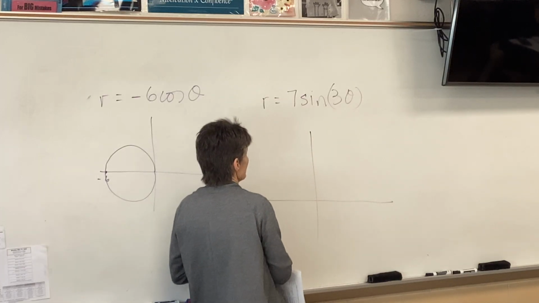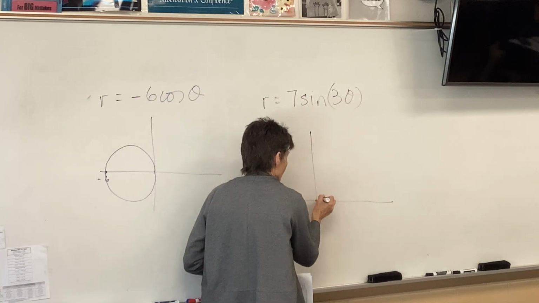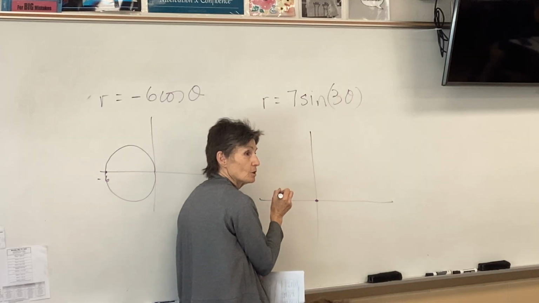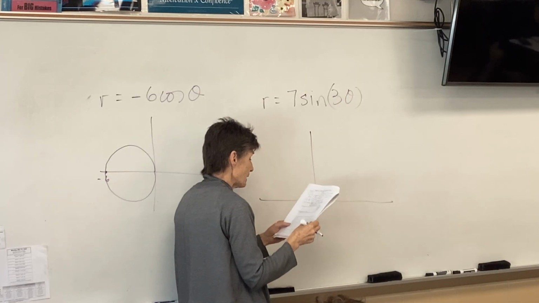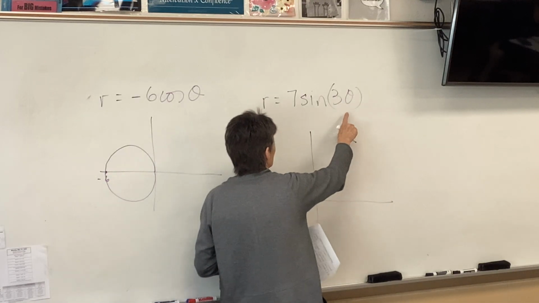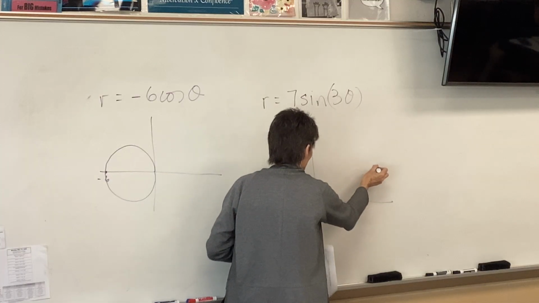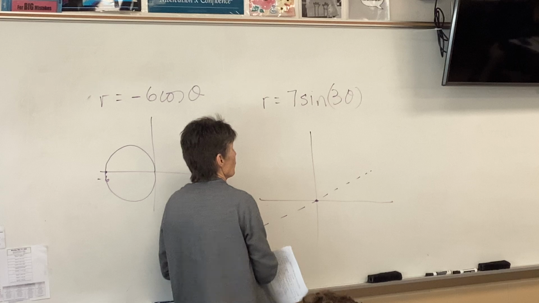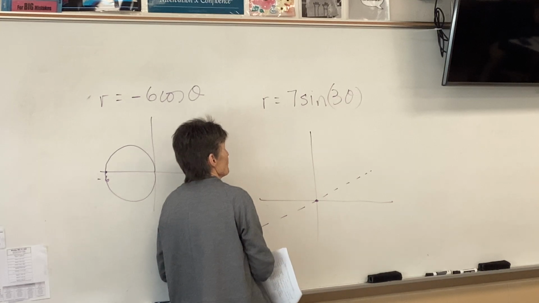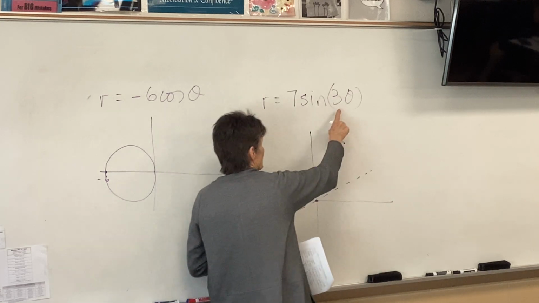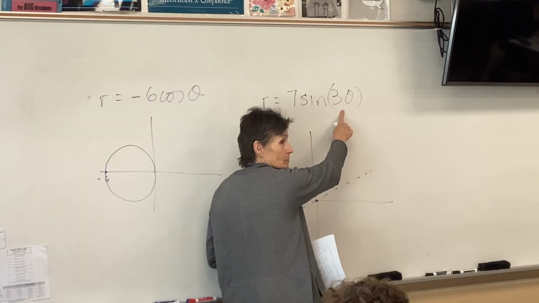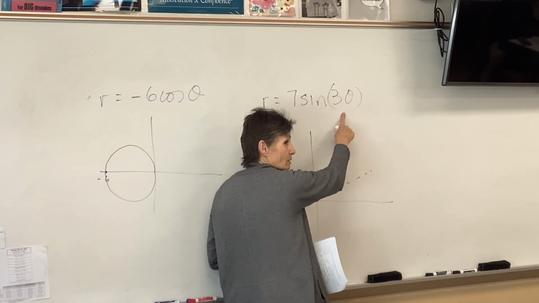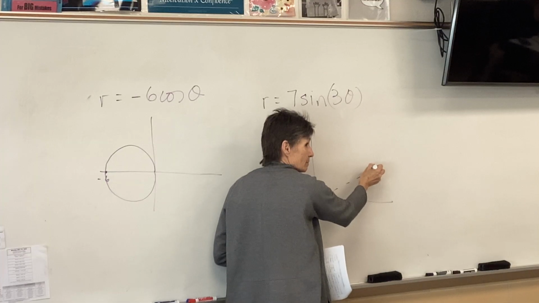If I put in a 0, I get 0. Good. What if I put in pi over 6? Pi over 6 would be right here. If I put in pi over 6, what do I get? This would be pi over 2. What's the sine of pi over 2? So that would be 7.